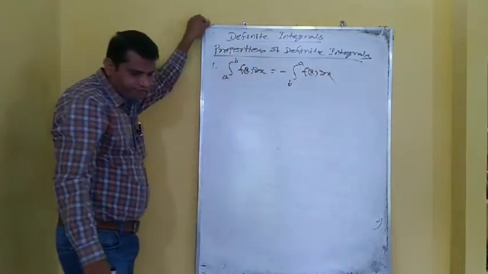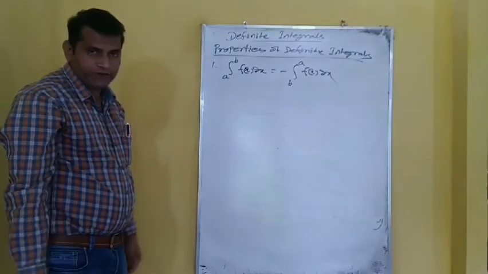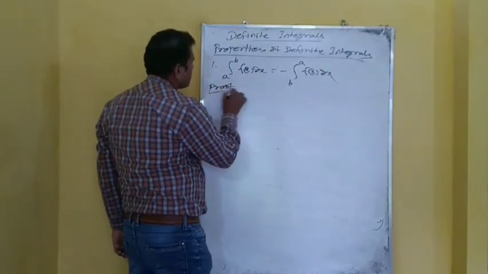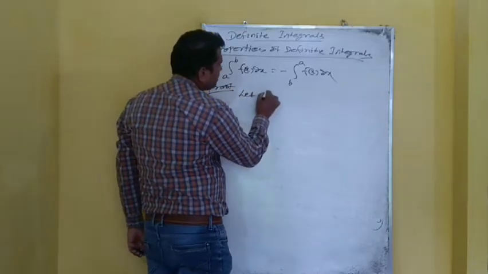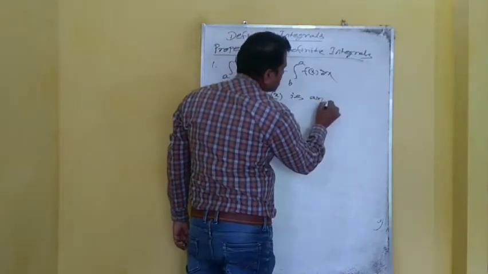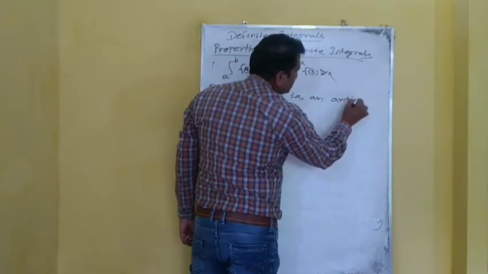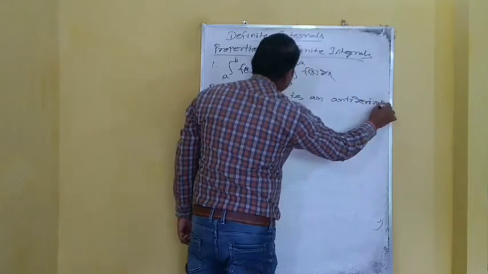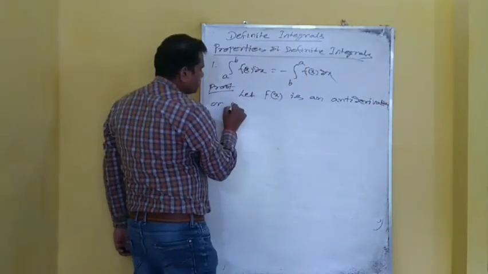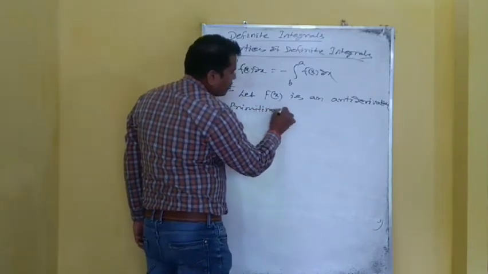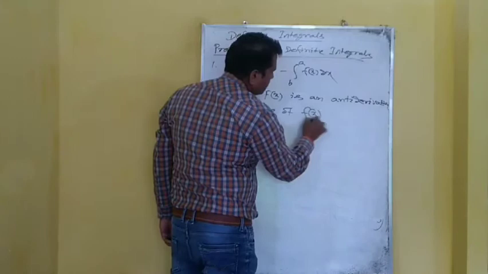Now we prove it. Let capital F of x be an antiderivative or primitive of small f of x.